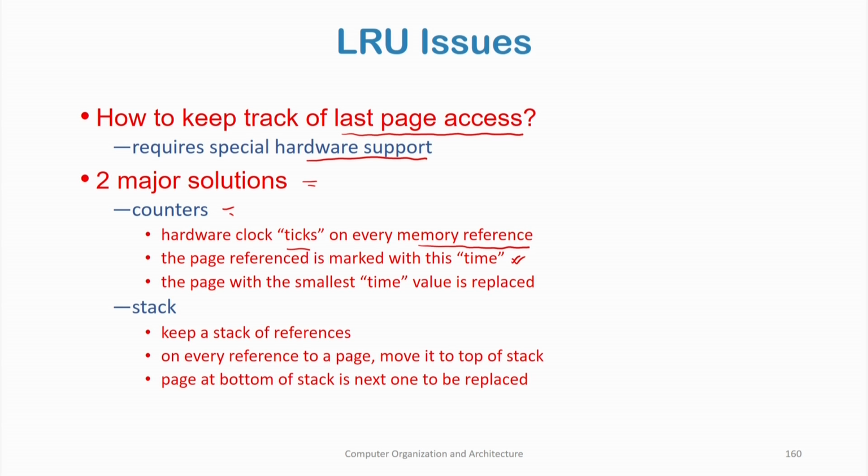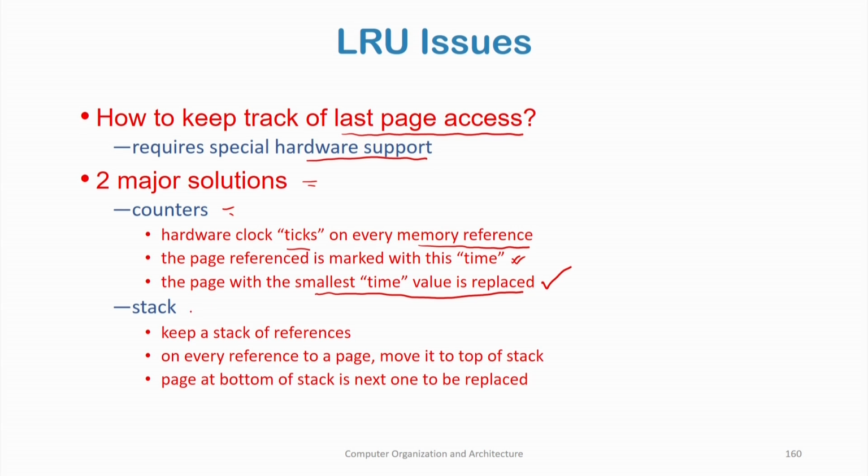Because this tick progresses globally over all memory references, when a particular page is accessed, I mark the time at which it was accessed. So, in the future I will be able to know when in the past this page was accessed, because I am marking this page with the tick number when it is accessed. The page with the smallest time value is replaced.